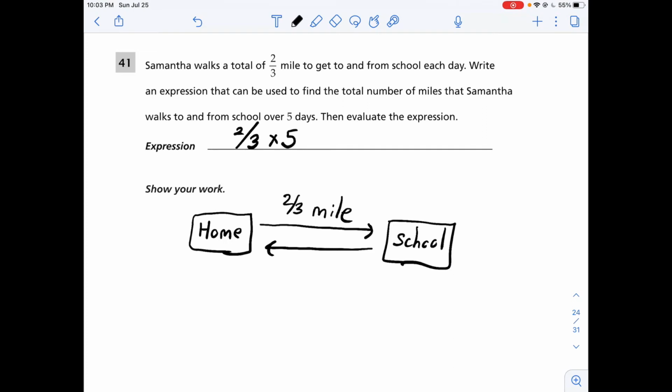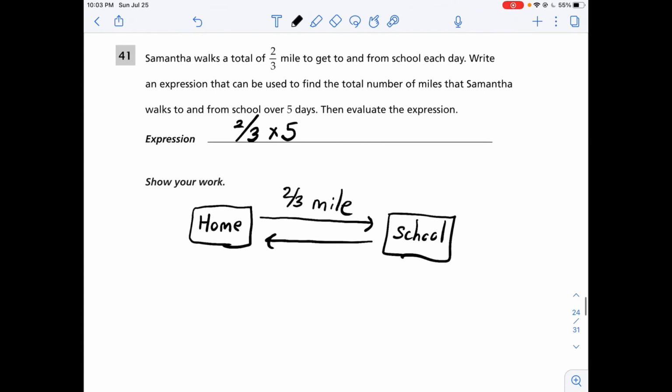So it would be 2/3 plus 2/3 plus 2/3 plus 2/3 plus 2/3, or just 2/3 times 5. Remember, repeated addition is the same as multiplication. Now, remember, an expression does not have an equal sign. So now where it says show your work, now I'll actually solve it. So 2/3 times 5. Okay.